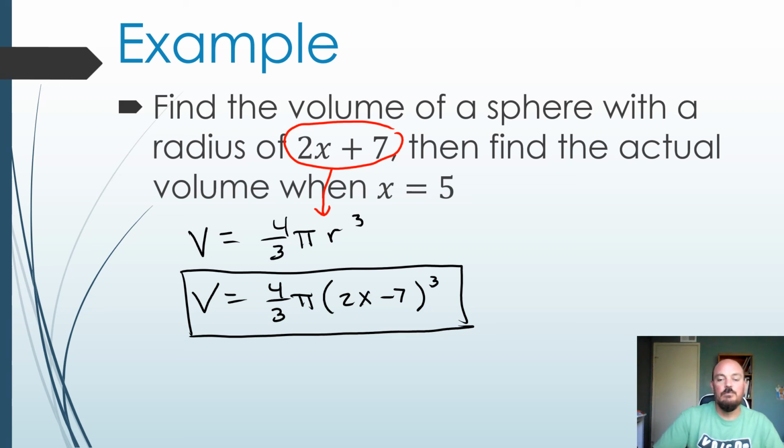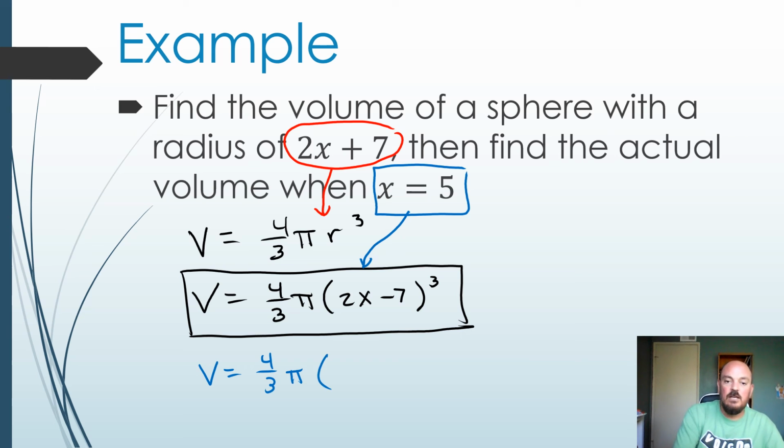Now for the second part, I said now find the actual volume when x equals 5. So now you're going to plug that in for x, and you're going to see what the volume actually equals. So let's do that next. Let's do volume equals 4/3 pi times 2 times 5 plus 7 to the third power.